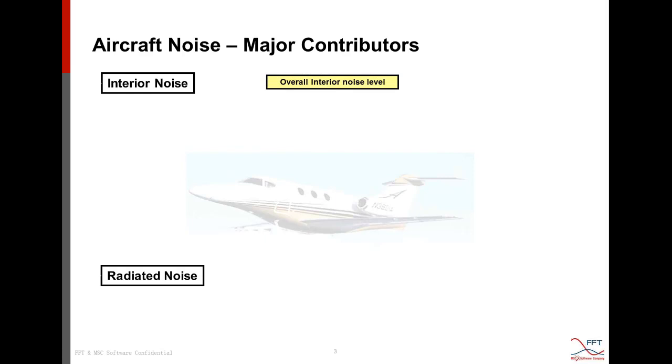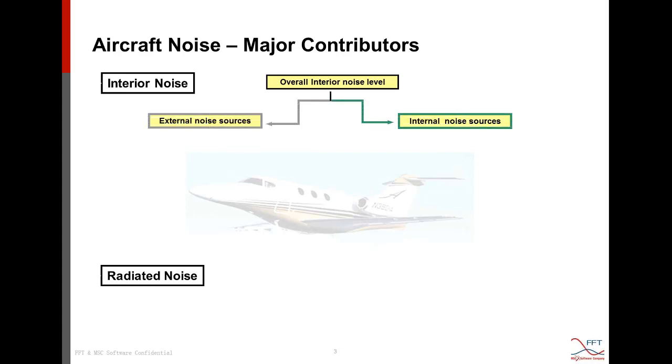If we take a look at the overall interior noise level, we know that this overall noise level is composed by many different sources in the aircraft. Some sources are located inside the aircraft itself. Some are generated by devices outside the cabin.